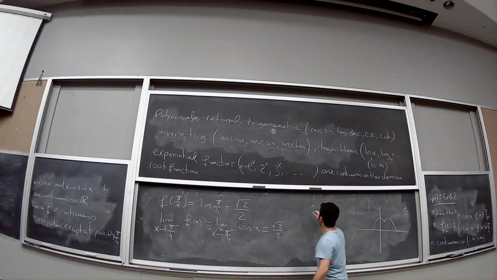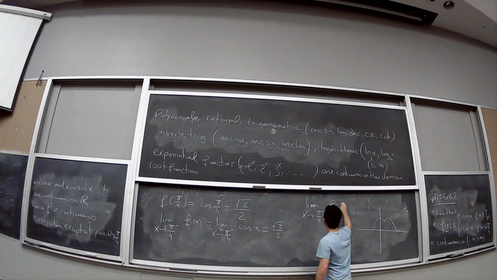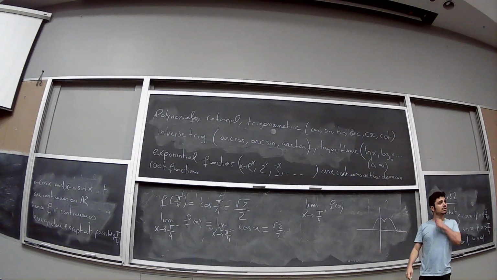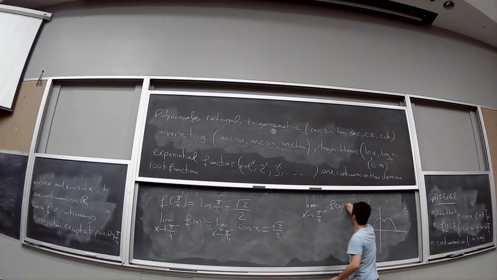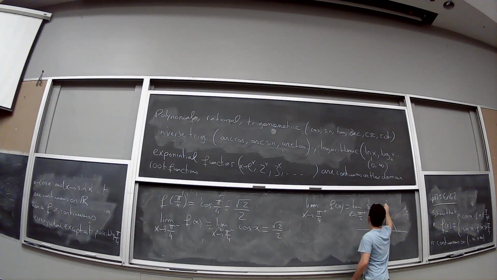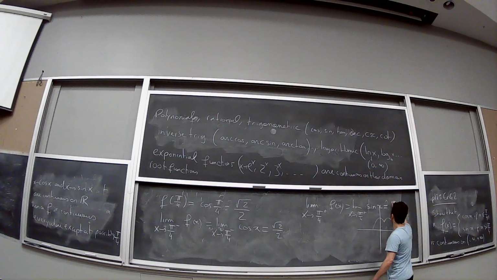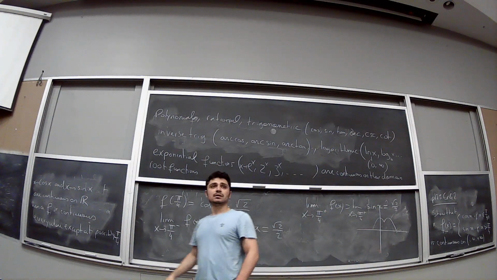Okay, now what do I need to check? I need to check that the limit as x approaches 5/4 plus of f of x is also √2/2, right? Do you agree? Now what is that? If x is approaching 5/4 plus, it's sine x, what is that? This is also √2/2. So is that continuous at 5/4?